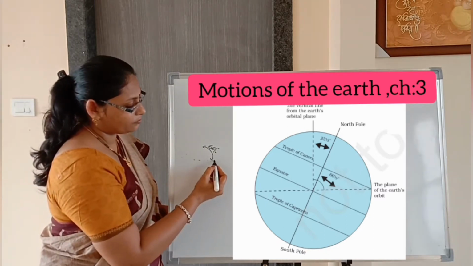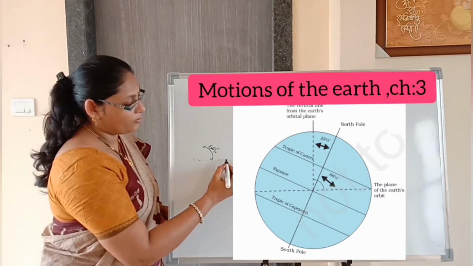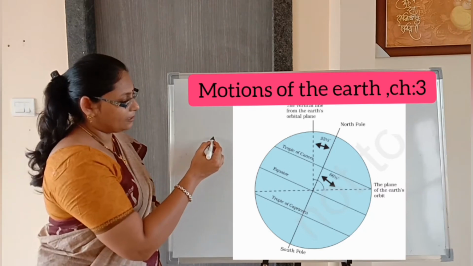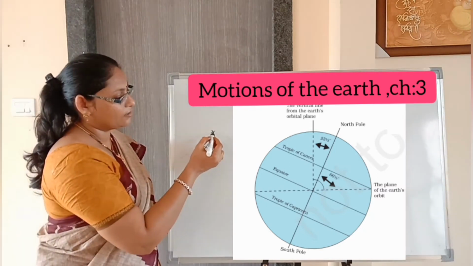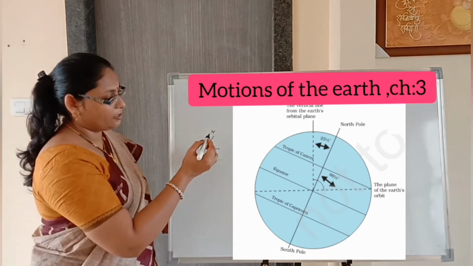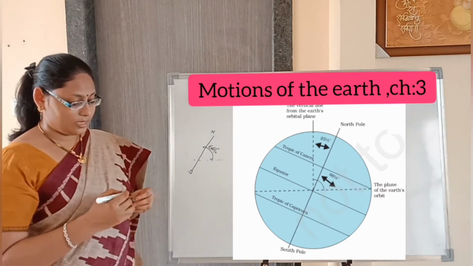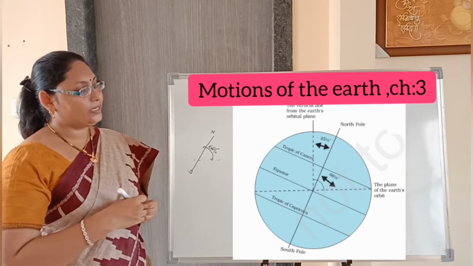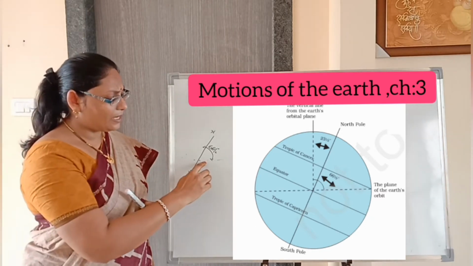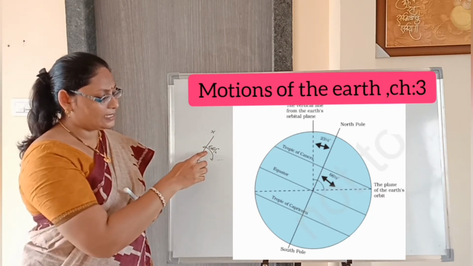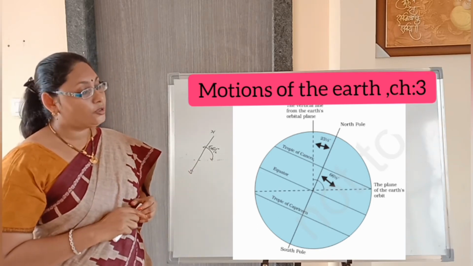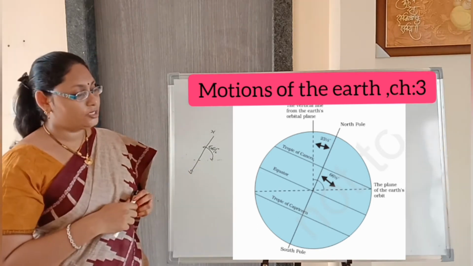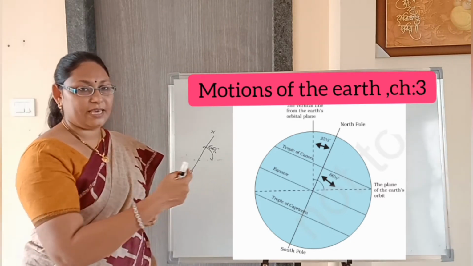So this is the orbital plane of the Earth and this is the axis of the Earth, which indicates the North Pole and the South Pole. The difference between this orbital plane and the Earth's axis is 66 and a half degrees. At the same time, observe the image which is displayed there.